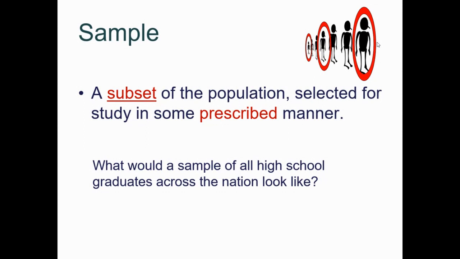What would a sample of high school graduates across the nation look like? Well, I said they could be from different regions or states. What else could be different about them? The area, yeah. Number of students. Types of classes. What about students in particular? If they got all your data, what could be different?